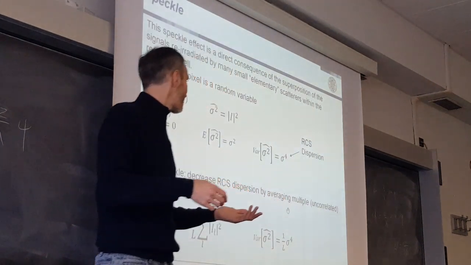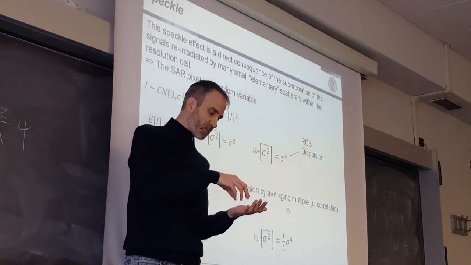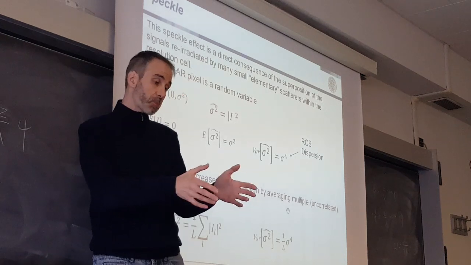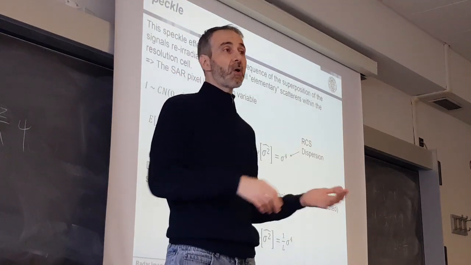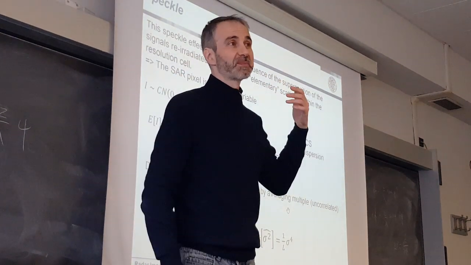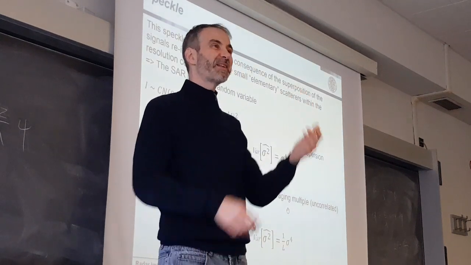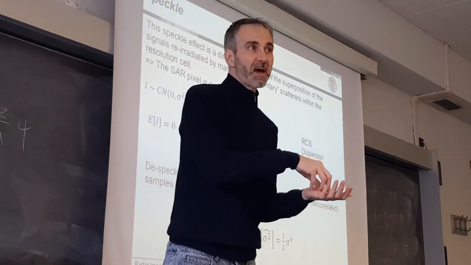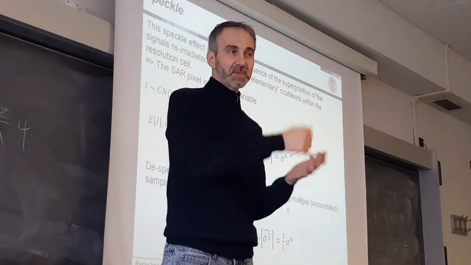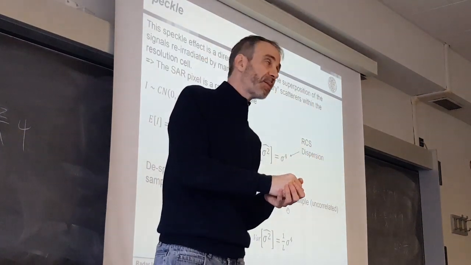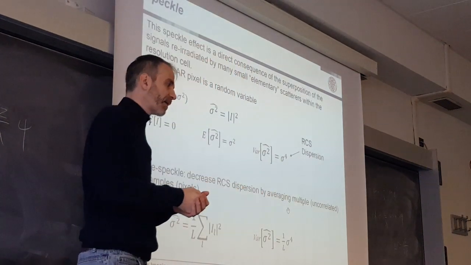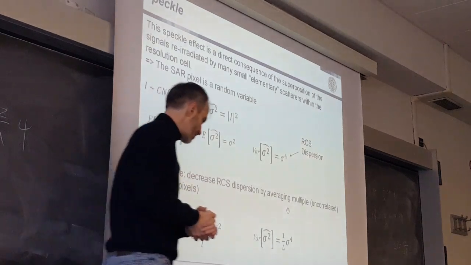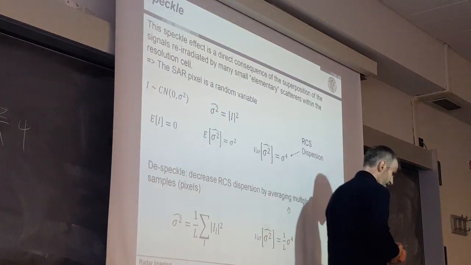The key is to do either a sample average in space, so you take multiple pixels and just average, or a sample average in time, so you have different realizations of the same interference phenomenon, and you try to get a stable result by a temporal average. Okay, so this is the thing.